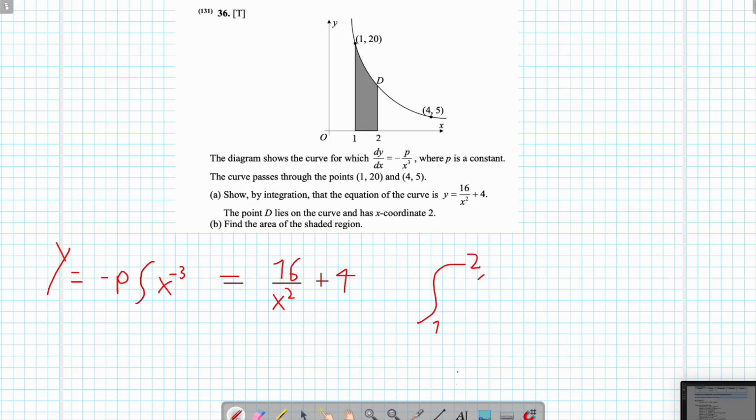We just integrate the function, 16 over x squared plus 4, from 1 to 2, which is going to give you 12.